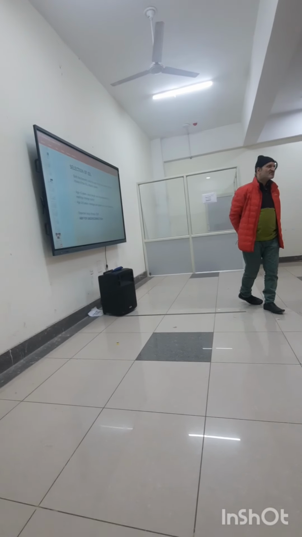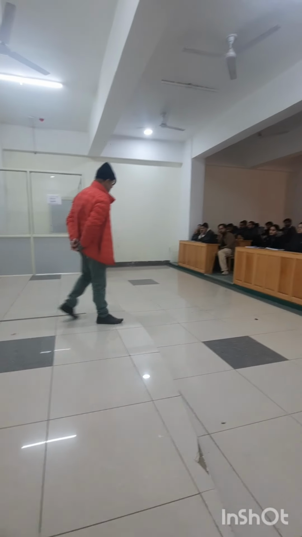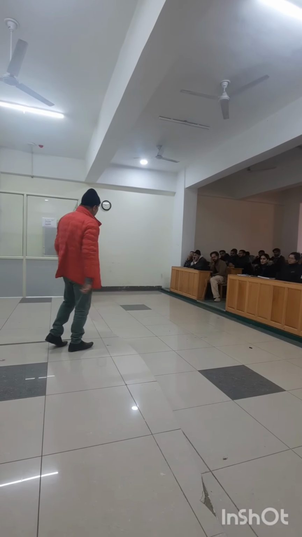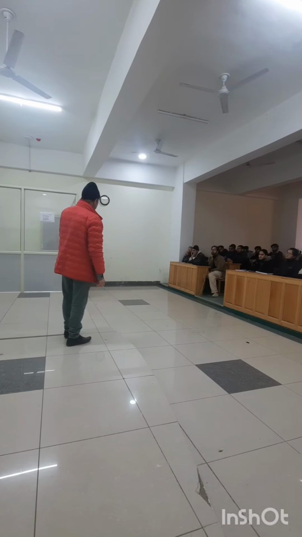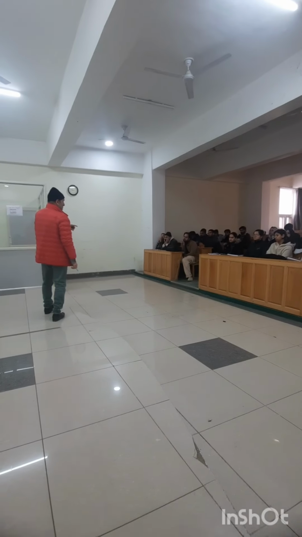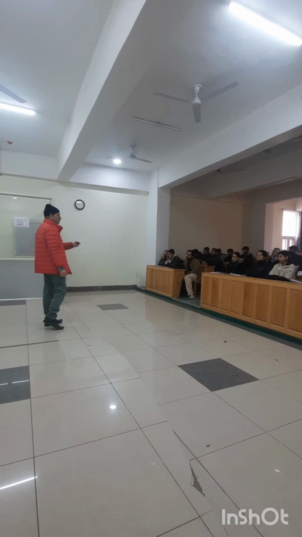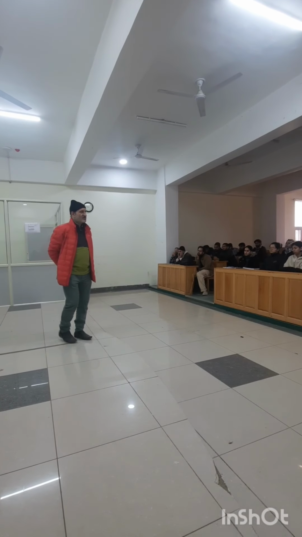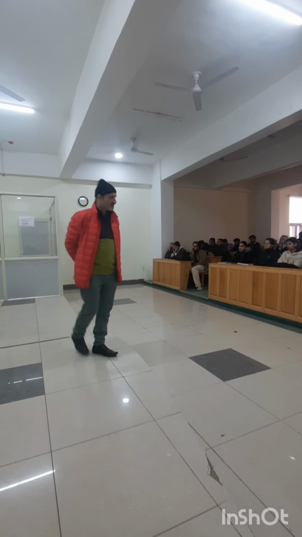So that becomes a risk factor for retinal detachment. That's a very small risk, but these children ought to be put on follow-up lifelong for this complication, that is retinal detachment.